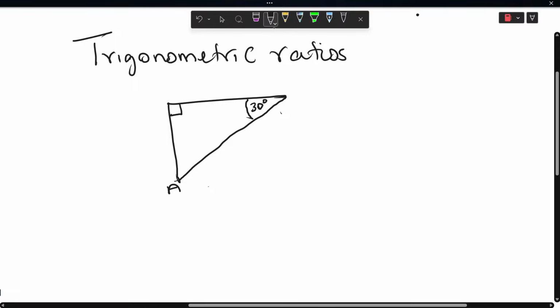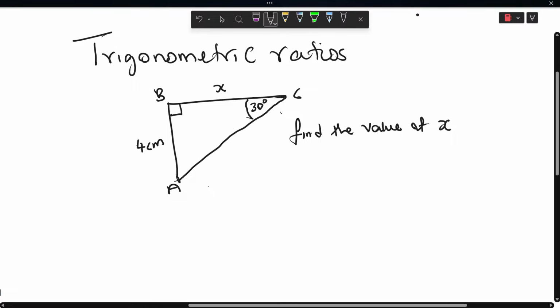I'll call this one A, B, C. I'll call this one 4 centimeters, and then I'll call this one X. In this example, I want you to see something here. I just say find the length, or find the value of X.